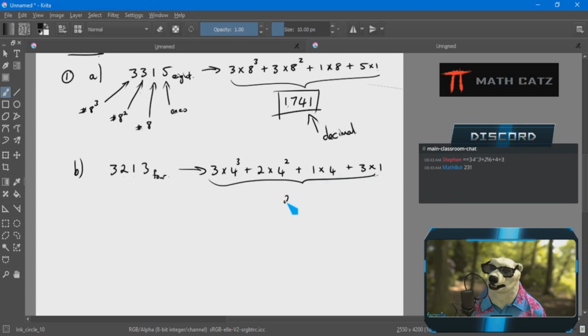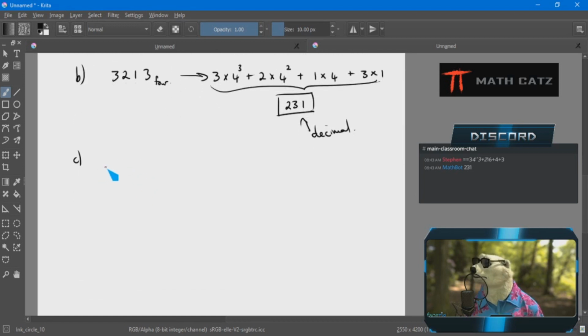And we get 231. There I can say 231 because that's a decimal number. All right. So hopefully that isn't strange at all. It's just the base value that is changing. The group size is changing.